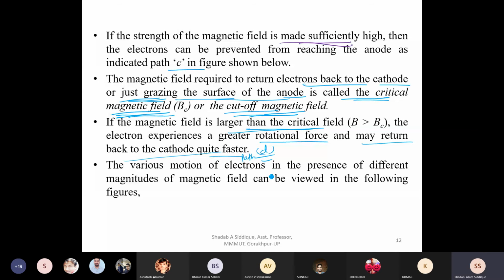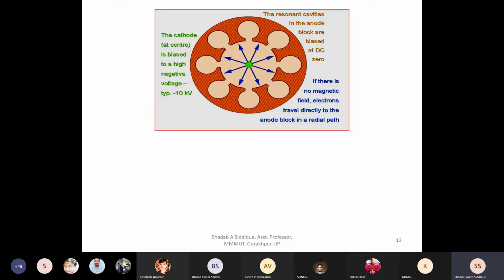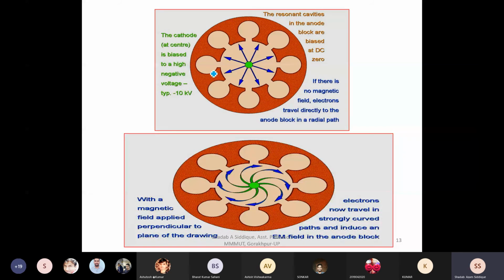The various motion of electrons in the presence of different magnitudes of the magnetic field can be viewed in the following figure. In this figure, we have the cathode, and the electrons are going radially outward. When there is no magnetic field, the electron travels directly to the anode block in a radial path.